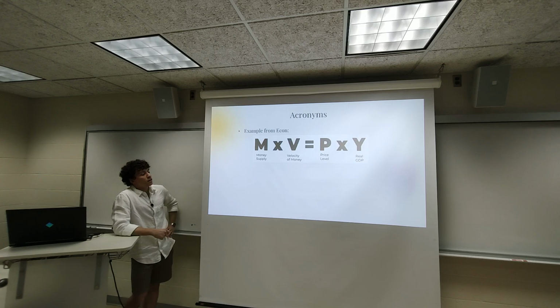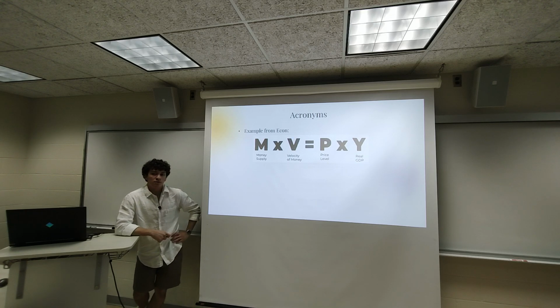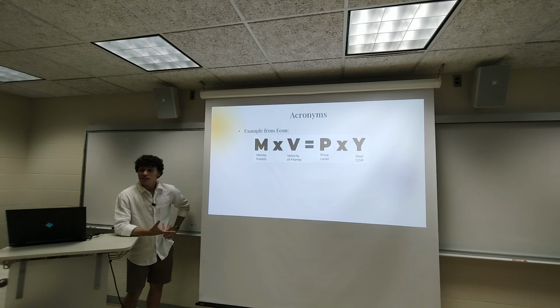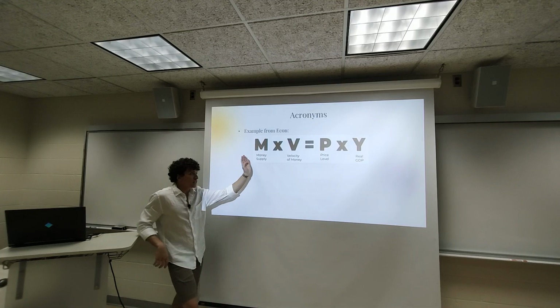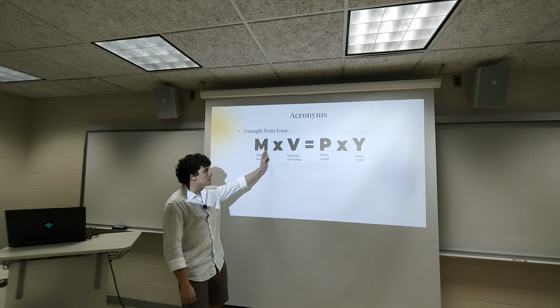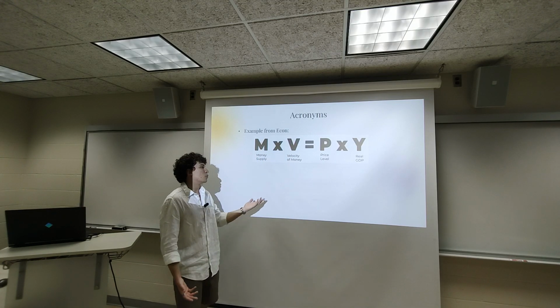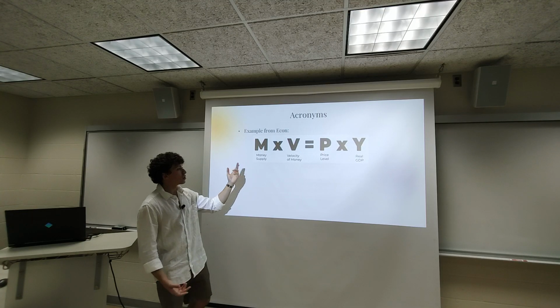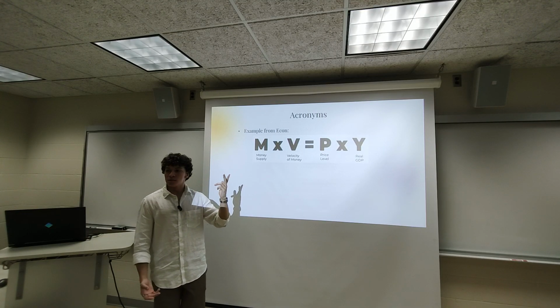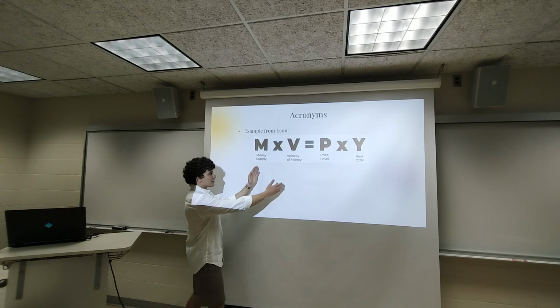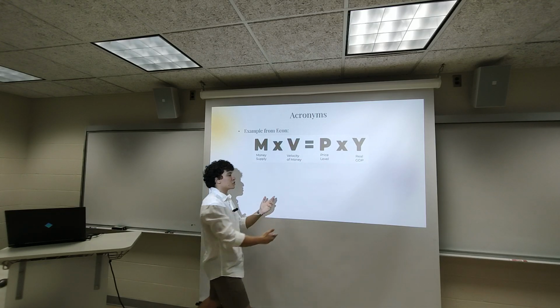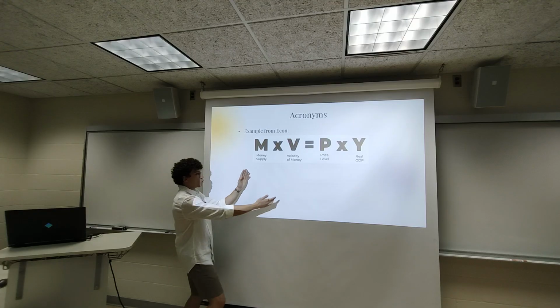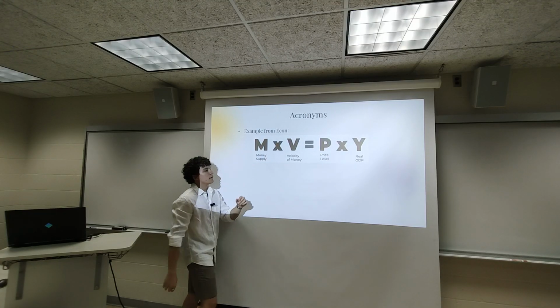You could. I was thinking of a word. So it doesn't have any meaning, but if I try to read the formula, MVPY, I can't say it. But if I change the order of things, maybe I can say them. Obviously these two need to be together because it's an equation, but if I swap this with this, for instance, it's still the same thing.